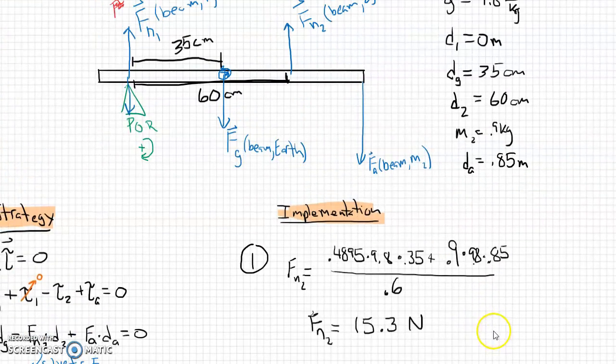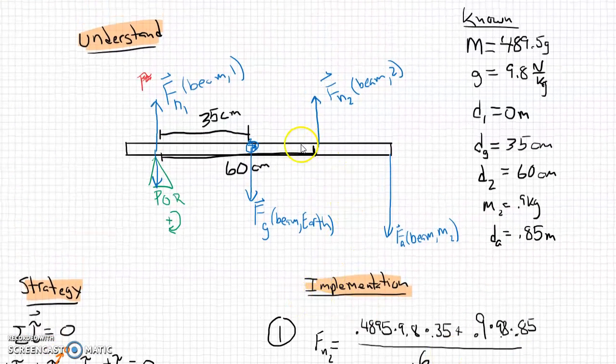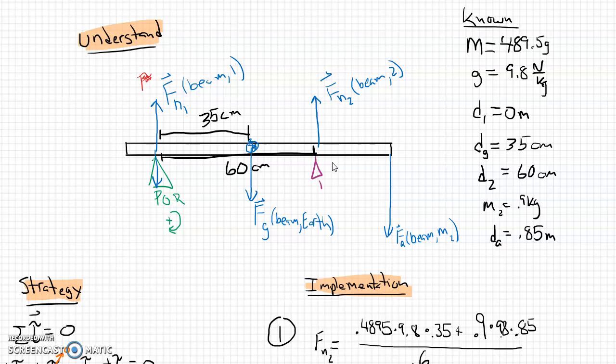Now let's think about why that even makes any sense. If we think about changing our point of rotation, take it out from over here and let's reconsider a new point of rotation right here. We'll call this point of rotation 2. And this is just for the thought experiment. But if you do this and you consider the force of gravity, which is roughly half of this whole thing, there is going to be a net torque.